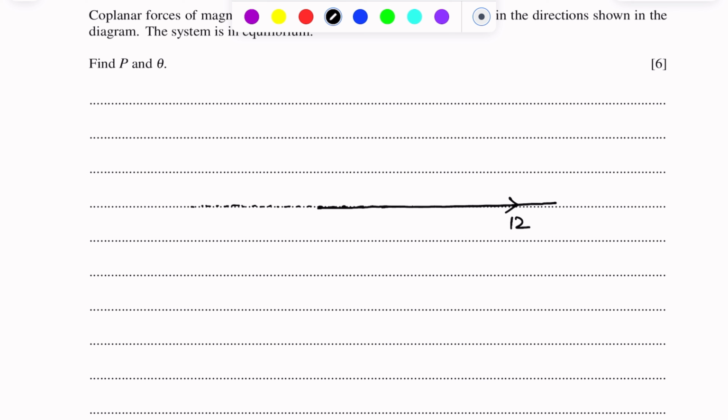The 12 Newton force, 8 Newton force making an angle 30 degree to the horizontal.